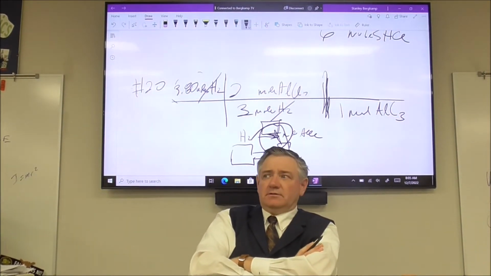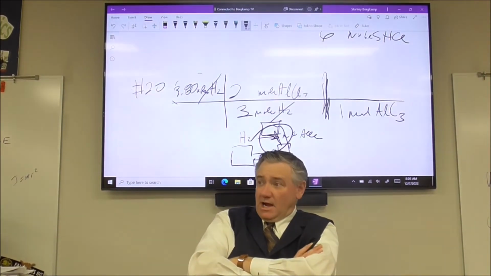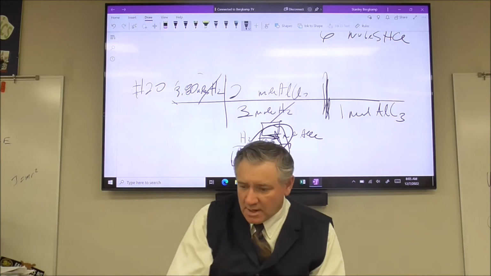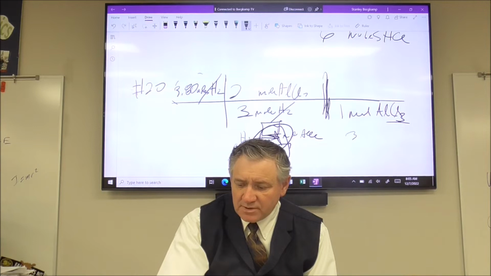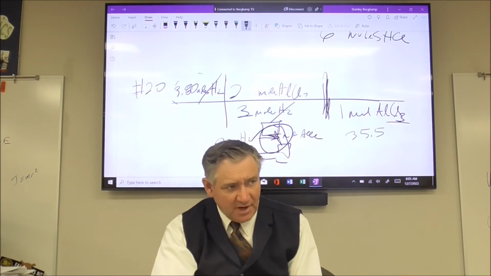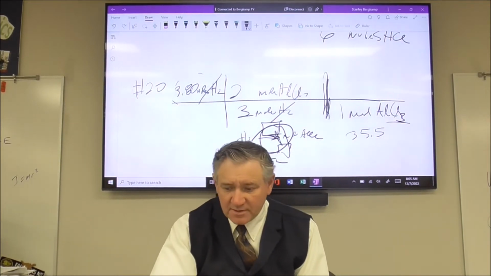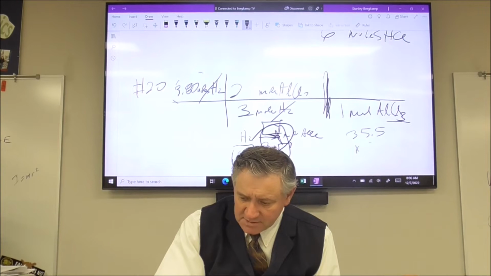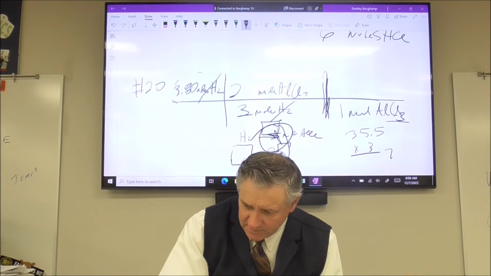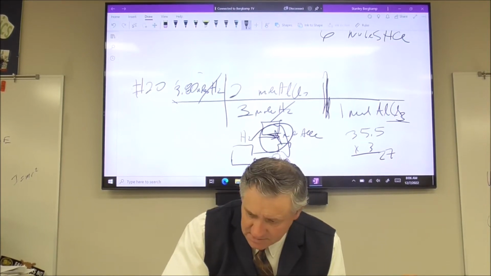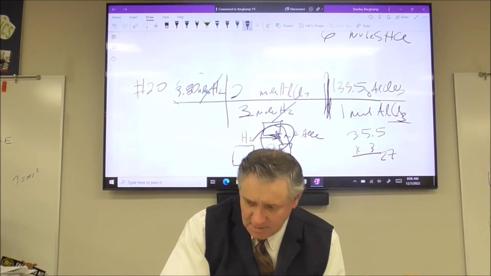So where am I going to look? What do I have to use at that point? The periodic table. I've got to look at the periodic table, and I'm going to find AlCl3. When you do chlorine, make sure you're using 35.5. Don't round it up to 36 or down to 35. So take 35.5 times 3, then add that to the 27 grams of aluminum, and that gets you 133.5 grams of AlCl3.